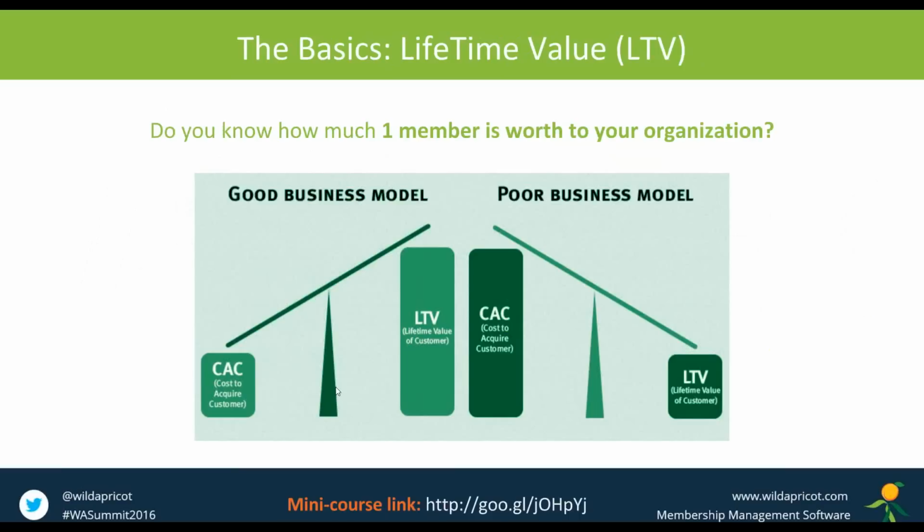So a good business model is when your cost of acquisition is significantly lower than the lifetime value that you generate over that member's experience with your organization. But oftentimes people violate that and they end up spending a lot more. And let's say a member joins you and they only spend, let's say, $20 with your organization, then really your marketing metrics are not good and you should slow down with your spending.